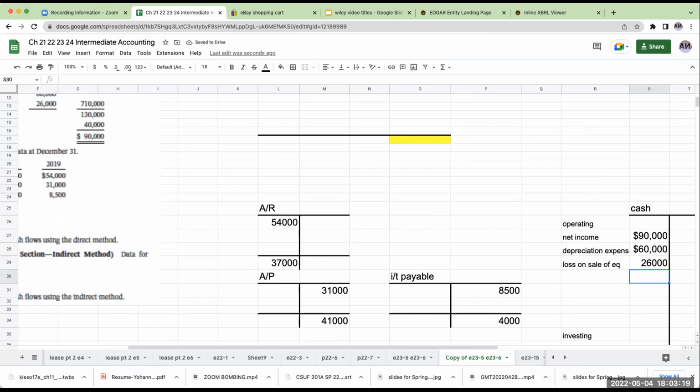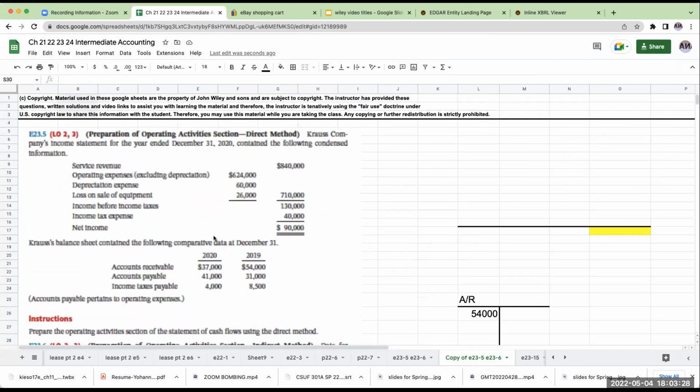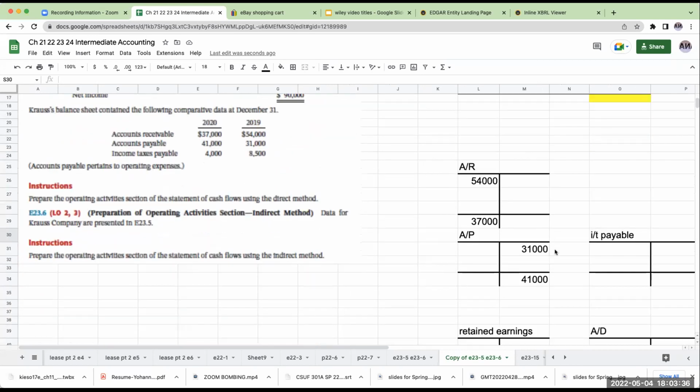So losses, I'm going to be adding those back. A loss on the sale of an investment or of equipment is going to go into my operating section. That takes us through all of these items in terms of what we need to reconcile for the operating activities section. Now let's go through and take a look at our other T accounts.